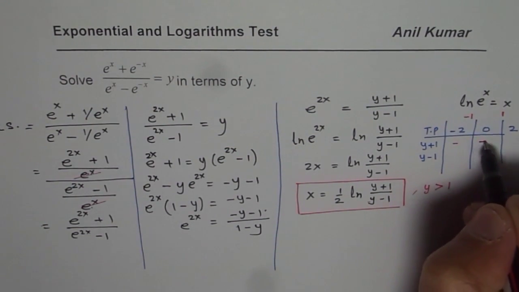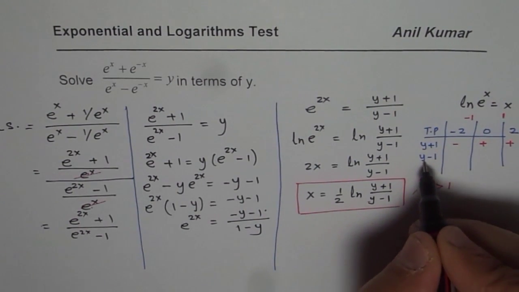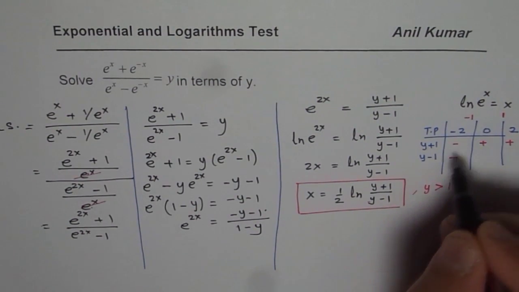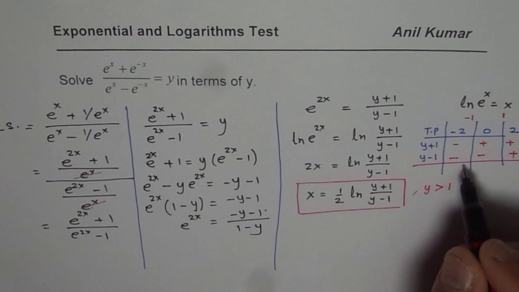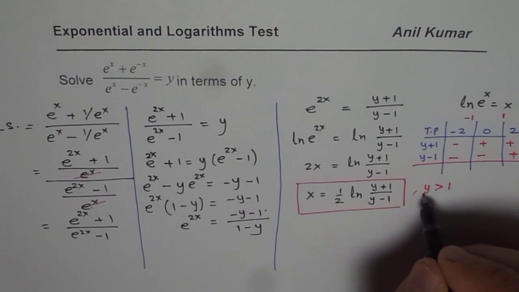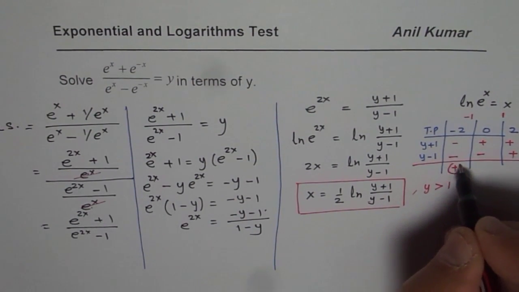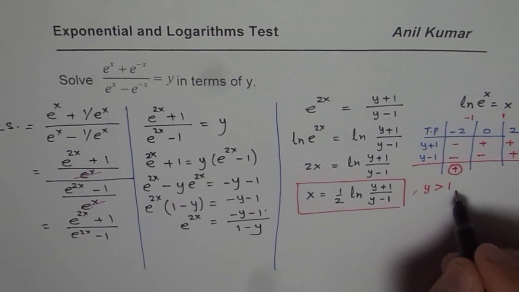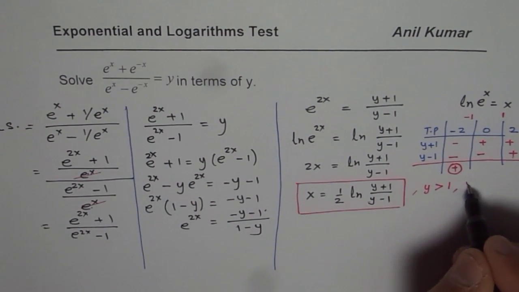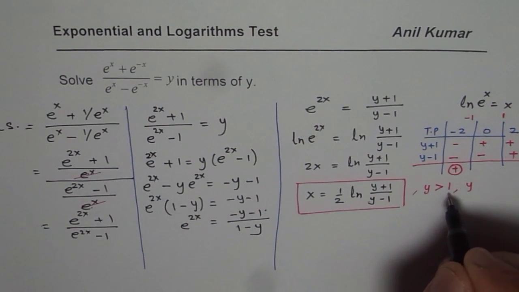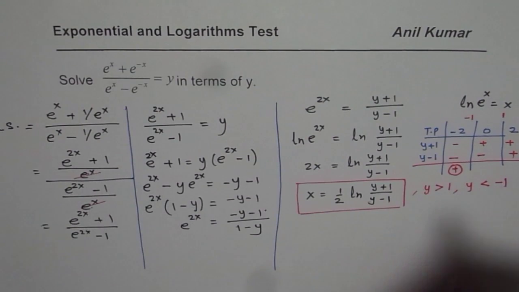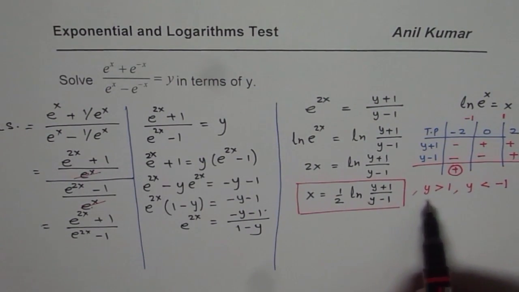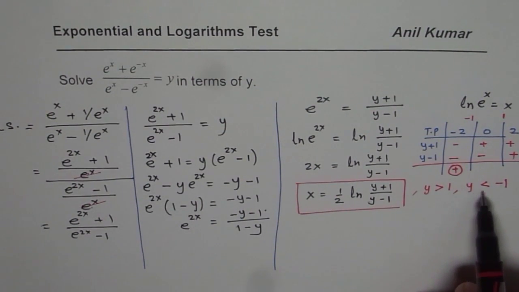For 0 I'll get negative, and for 2 I'll get positive. So when do we get positive? We get positive when y is greater than 1, and also when y is less than -1. So the domain is y greater than 1 or y less than -1, correct? So that is the domain for this particular function, correct?